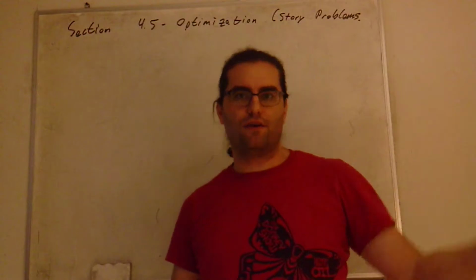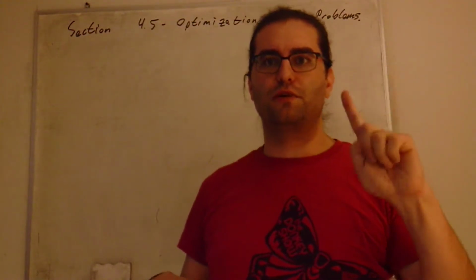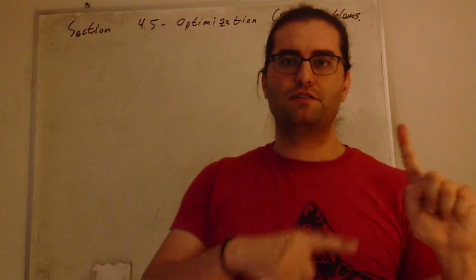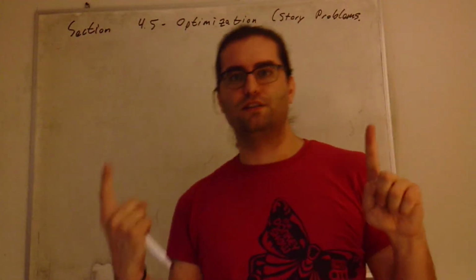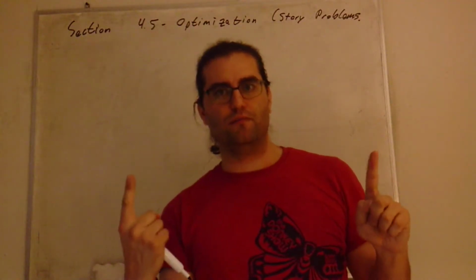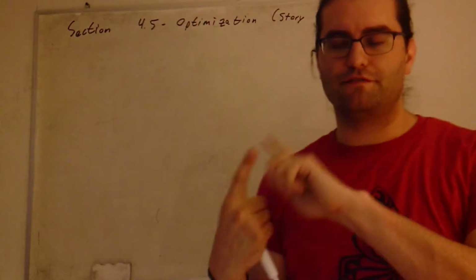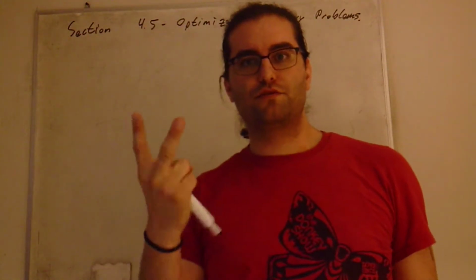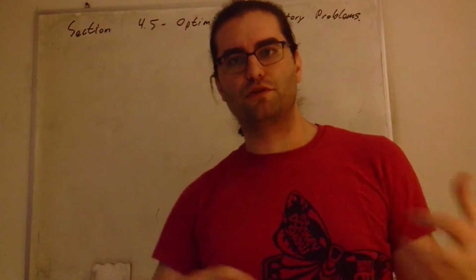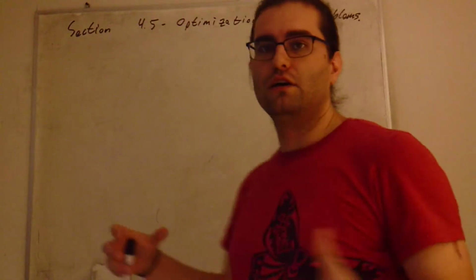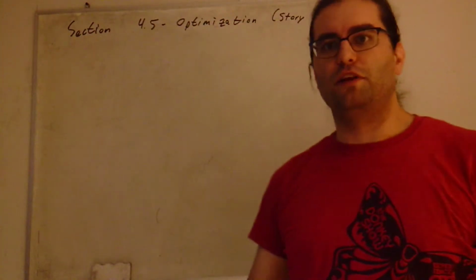So the area that we're enclosing is going to be the relationship that we want to optimize. And then there's also going to be a constraint that makes it into an actual optimizable problem. That's the amount of fence that we have. So that's going to be the two things that we're looking at. We're going to try and get a relationship between those things so that we can do calculus on it in a meaningful way.